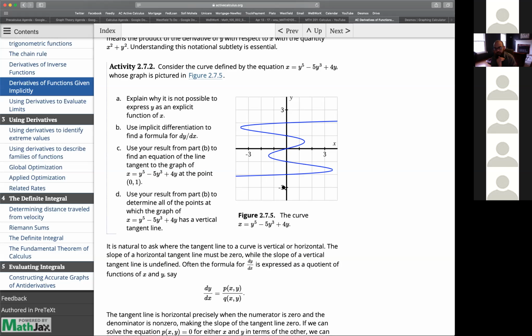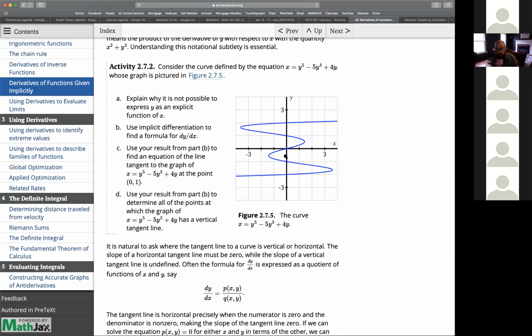So I would need 5 different functions, cobbled together to describe this, because there are 5 different outputs that go along with my input of 0. There's no way to write this as one term. We'd have to have multiples. So it's not a function.